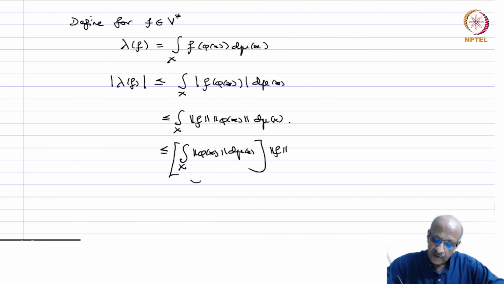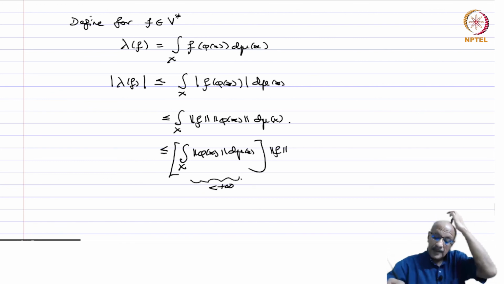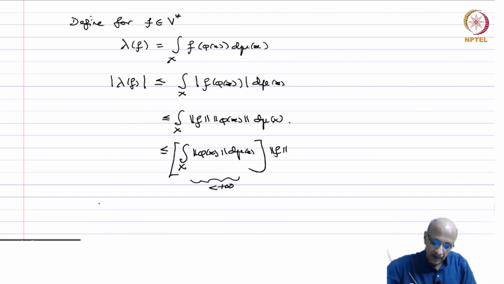And so this we have assumed is a finite quantity, and therefore lambda belongs to V double star. It is a continuous linear functional.